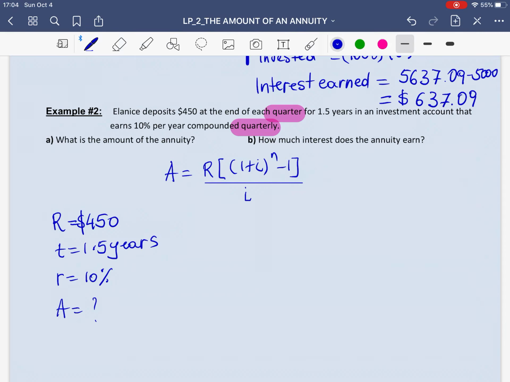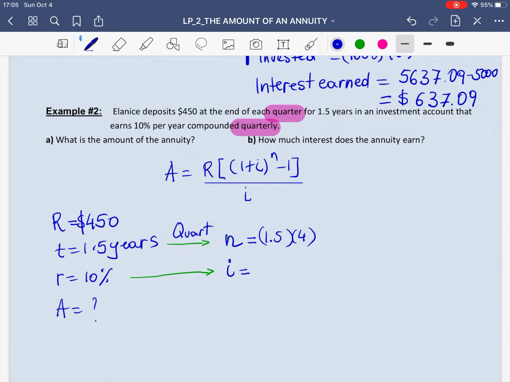So as we said before, we need to make sure that we use the number of years and the annual rate to figure out what the values of n and i would be in our formula. Since the money compounds quarterly, then the number of compounding periods would be number of years times 4.